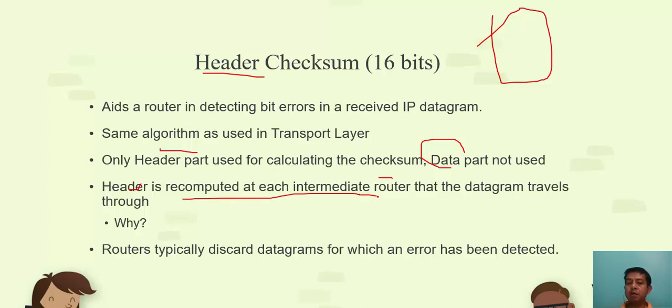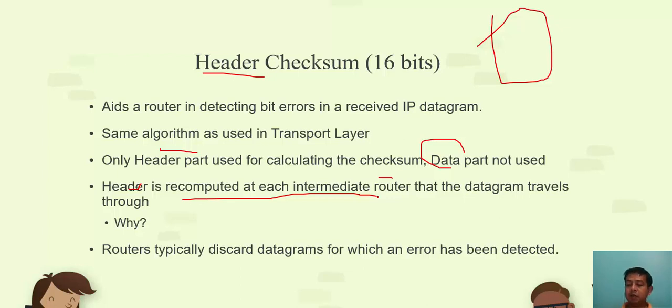Now, why do you think the header checksum is recomputed? It is recomputed because a particular field changes in every router. And what is that field? We have already seen that field is the TTL field. The TTL field is decremented at every intermediate router. So when the TTL field changes, the checksum will also change, because every header field is used to calculate the checksum.